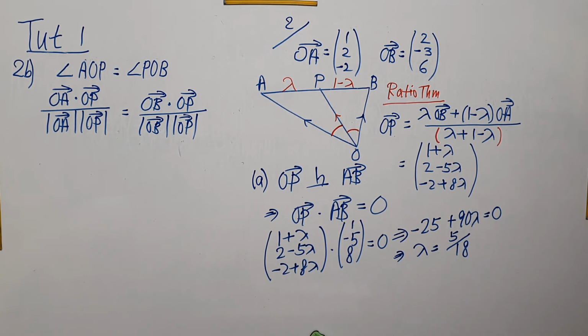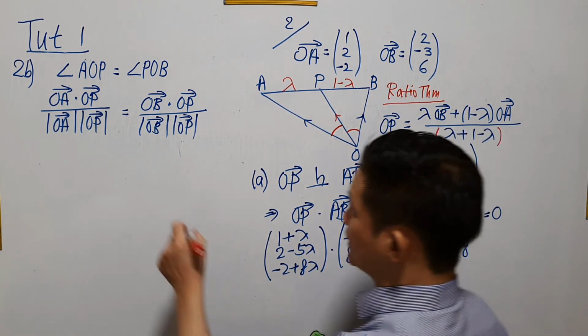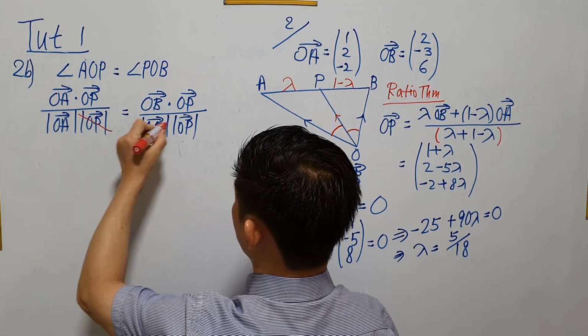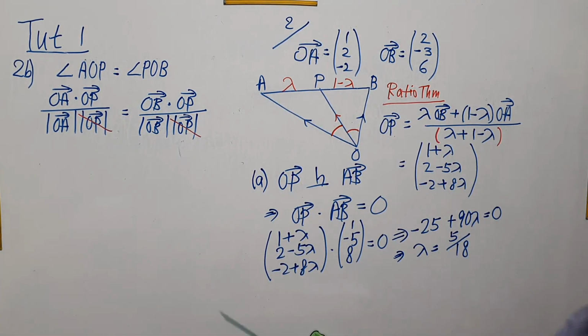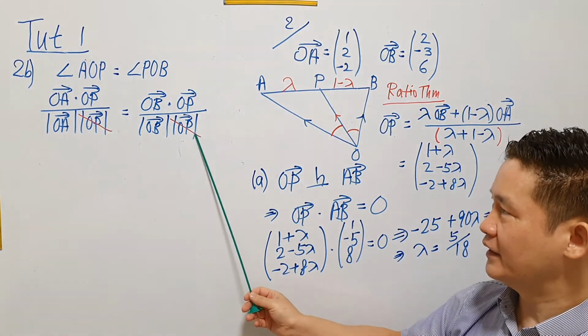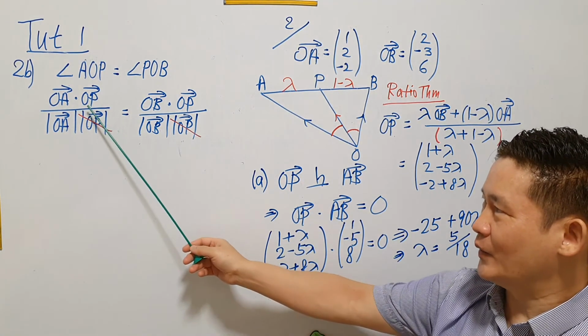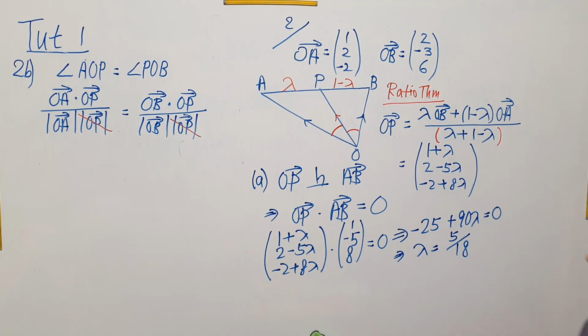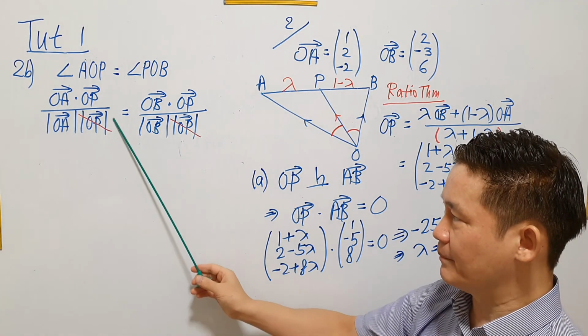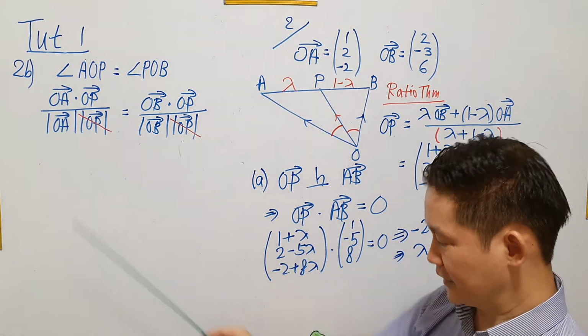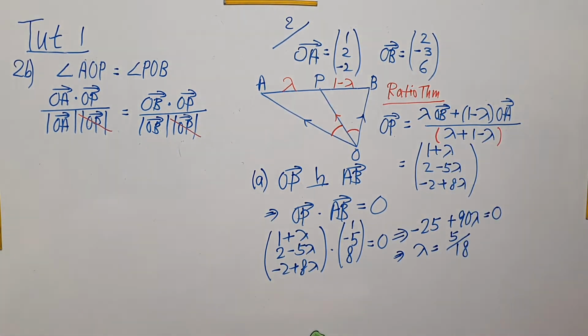Since the two angles are equal, now we can do this cancellation. It is important to note that while you can cancel the modulus of OP on the denominator, you mustn't cancel the OP and OP on the numerator. It's not the same for dot product. The reason I can do so for the denominator is because these are numbers, just a number times a number. But for the numerator, this can't be done.